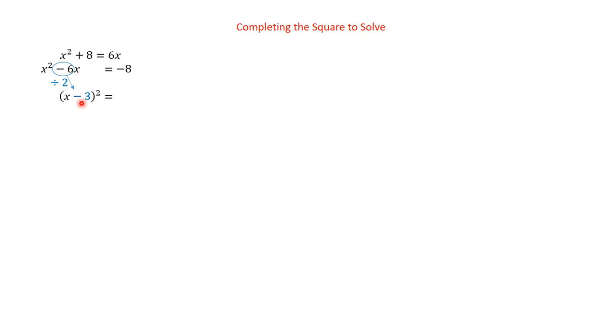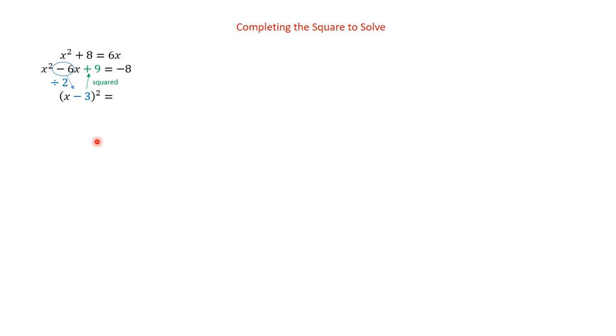Okay, well, if we multiply this out, which is not x squared minus 9 or x squared plus 9, but it's x squared minus 6x and then plus 9, because we have the negative 3 times negative 3. We need a plus 9 up here in order to make these true. So we're going to take whatever this number is, in this case negative 3, and we're going to square it and add it up here.